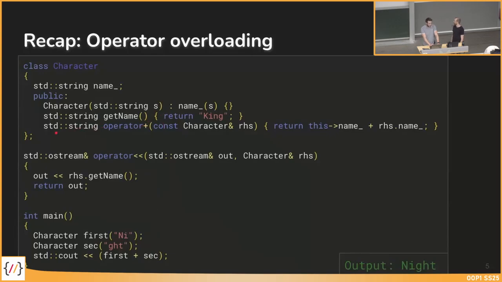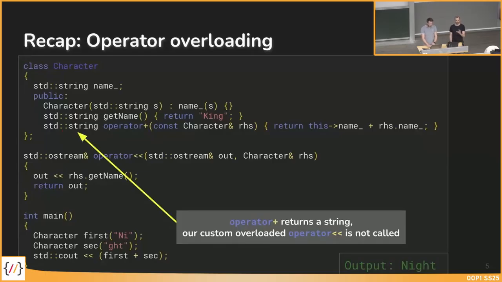This example is very good and shows you that it's not that easy to identify which operators are called, even if they are overloaded by you. It's a perfect example to show it's hard to identify. Okay, any questions to this?